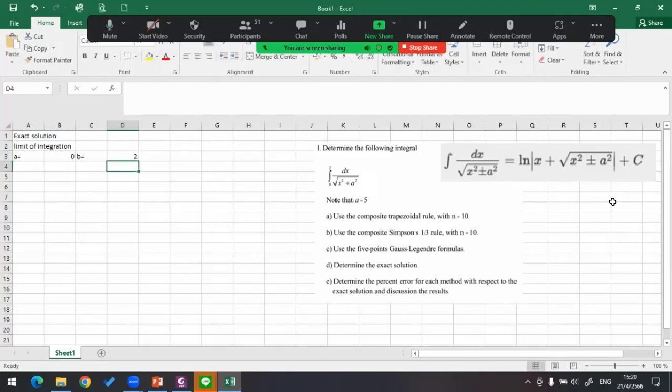So the exact solution is equal to natural log of x plus square root of x squared plus a squared.